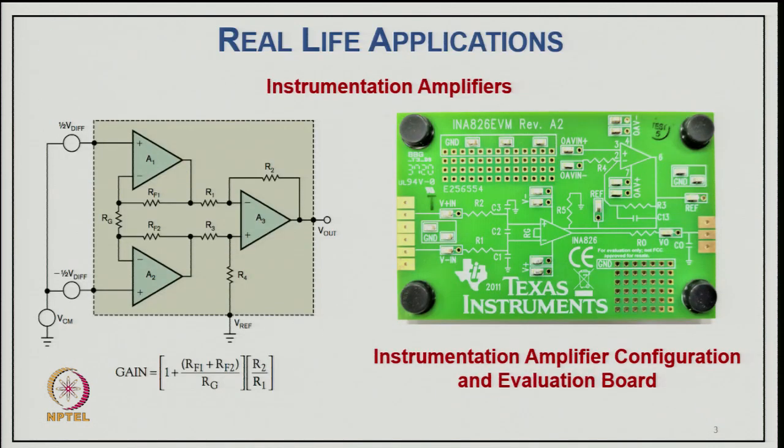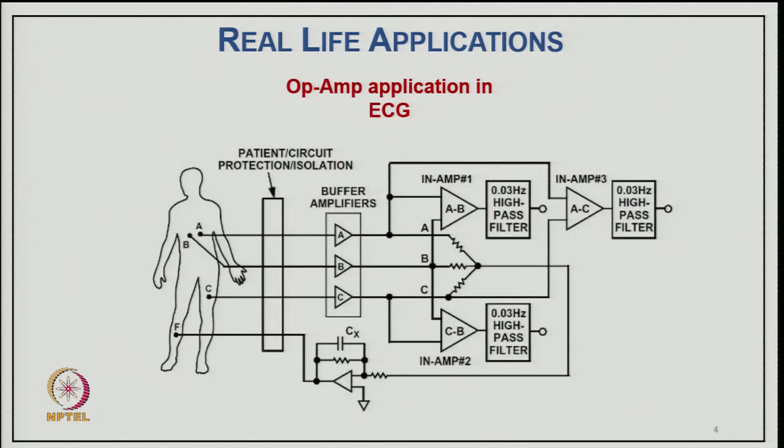With the coming examples, there are real life applications. With the instrumentation amplifier, you can see the circuit, how the gain is defined for the instrumentation amplifier, and the PCB for this instrumentation amplifier configuration as an evaluation board. The other example is the operational amplifier application in ECG, where these are the nodes, how it is taken into the system, and where the operational amplifier is used for detecting and filtering through high pass filters, so that you can detect the ECG recorded from a human being.